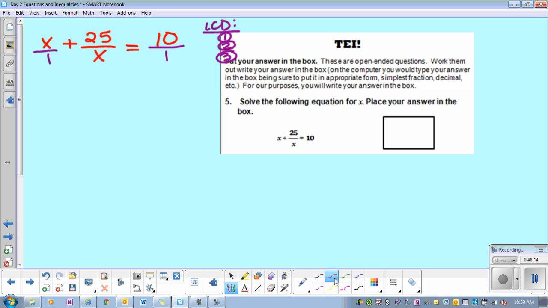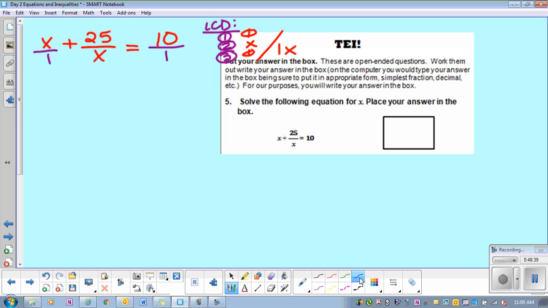Fraction 1, what's in the denominator? 1. Fraction 2, what's in the denominator? And fraction 3. Good. What do they have in common? Yeah, 1. What else is there? X. So the LCD is X. All of these want to look like X on the bottom.